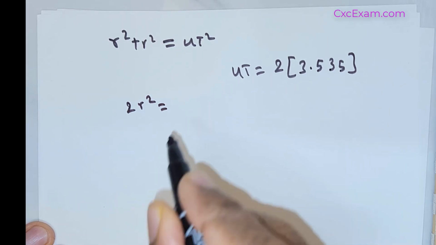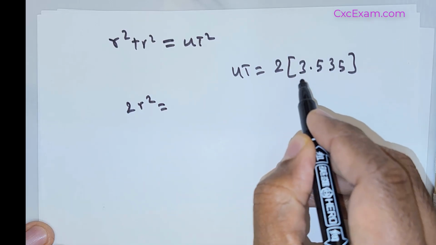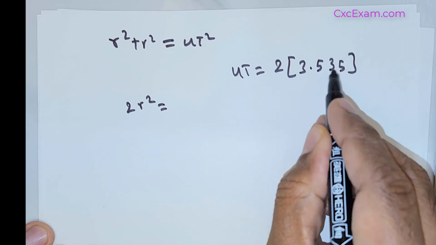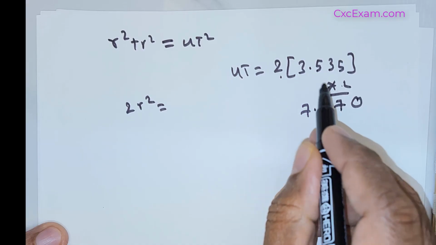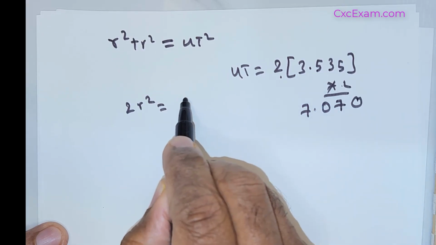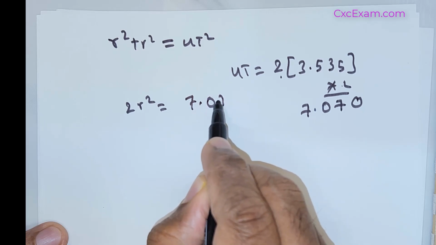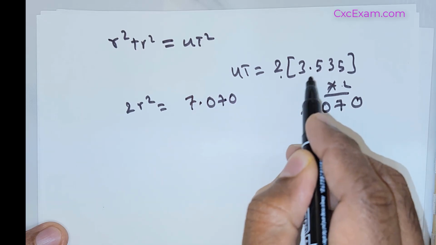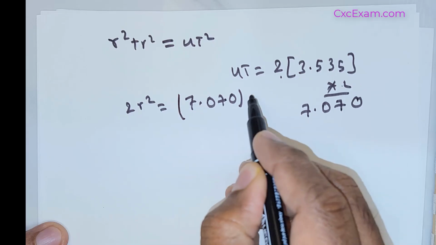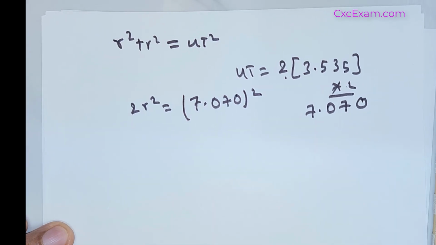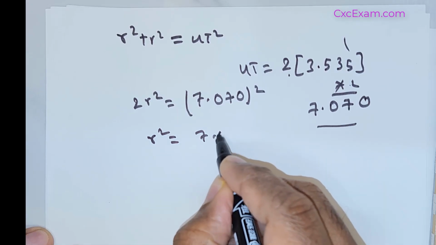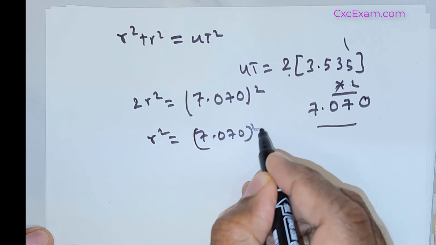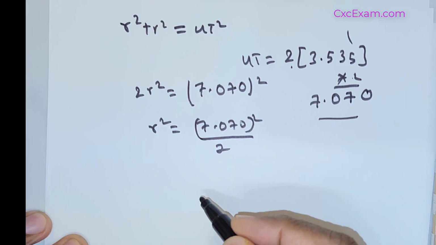So 2 times R squared is equal to, if I were to multiply this by 2, 7.070, and you will have to square this. So R squared is going to be equal to 7.070 squared divided by 2.